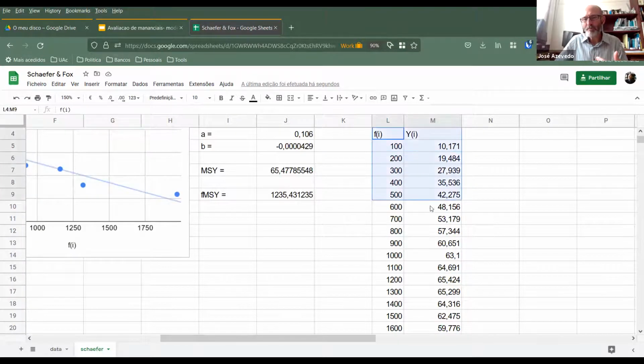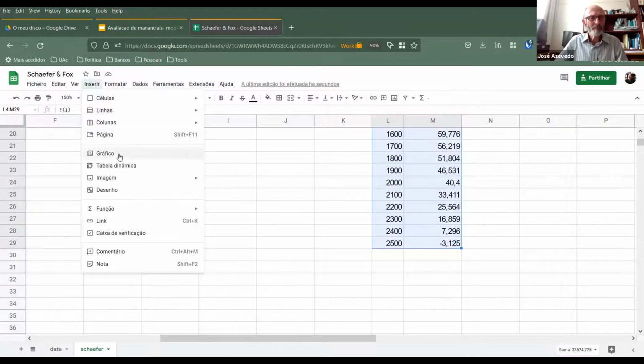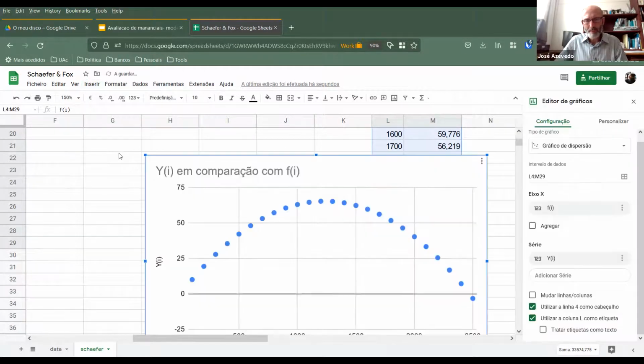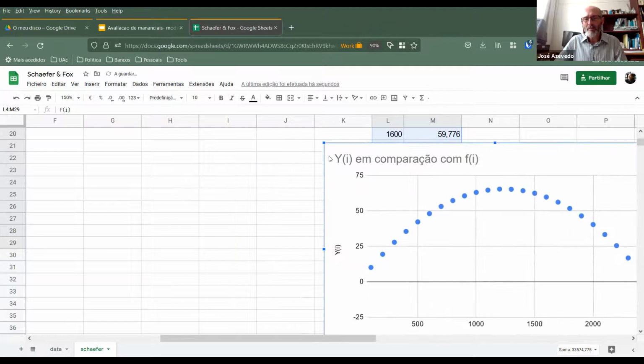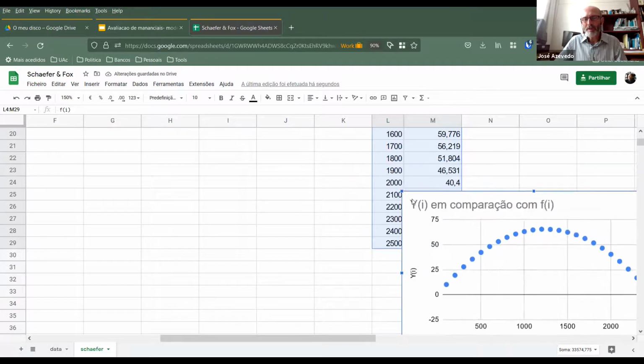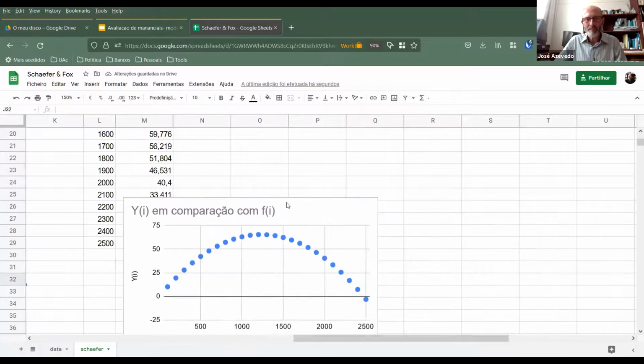If we do a graph with these values, you will get a representation of Sheffer's model, and I'm going to put it up here in the sequence.